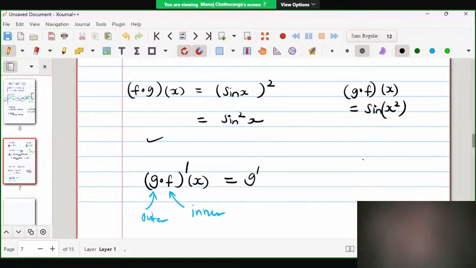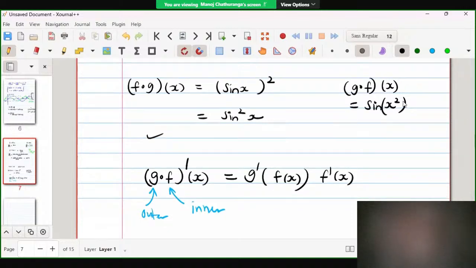Differentiate it, but do not do anything to the inner function f. Differentiate the outer function without looking at the inner function. Then once you're done with the outer function, forget about it. Move inside and differentiate the inner function. That's how we differentiate it.